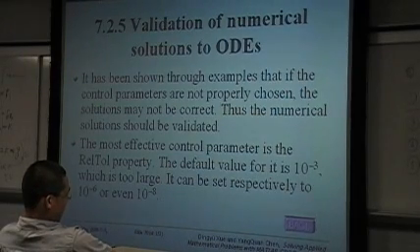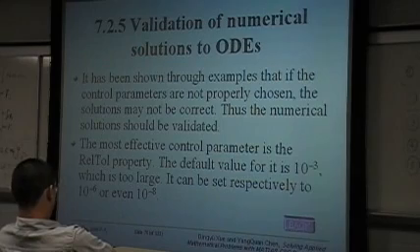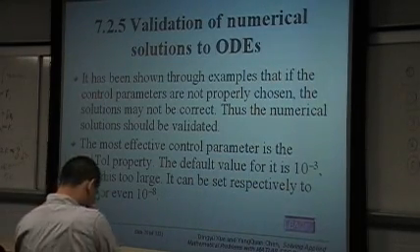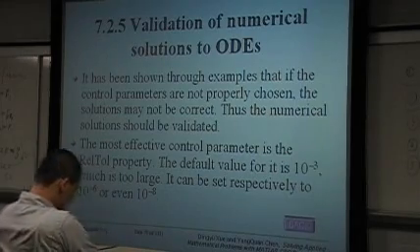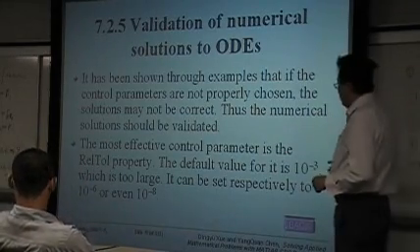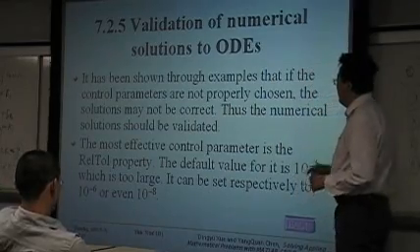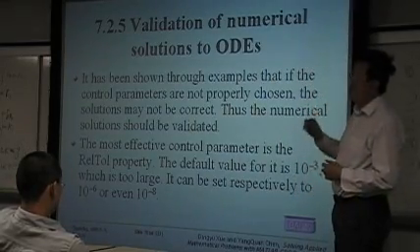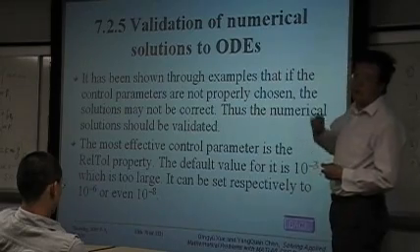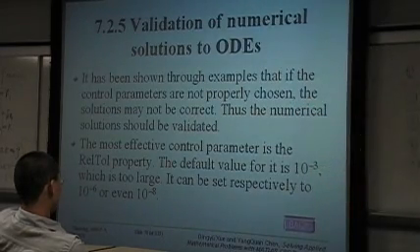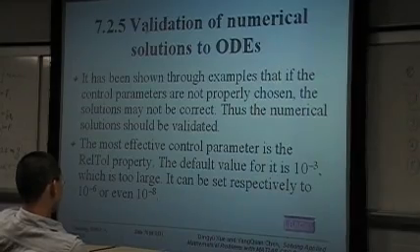Otherwise, you may obtain misleading results. There are actually many ways to validate results. Changing the value of error tolerance is one way. The other way is to change from one algorithm to another, because ODE45 is one algorithm. However, in Matlab, several algorithms are provided.